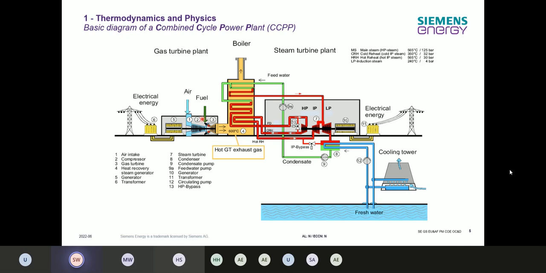When you have too much air in there, the air will blow out the flame. So you need the right relation between fuel and air so that the burning happens. And then inside the combustion chamber, you have temperatures up to 1200, 1300, 1400 degrees Celsius.